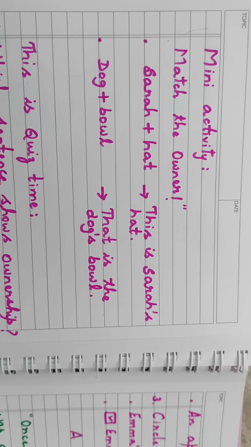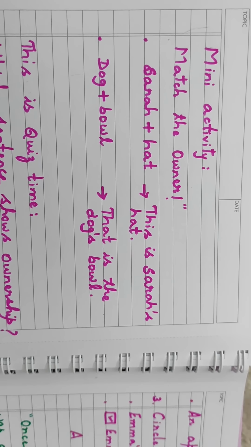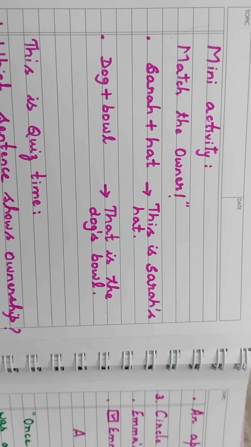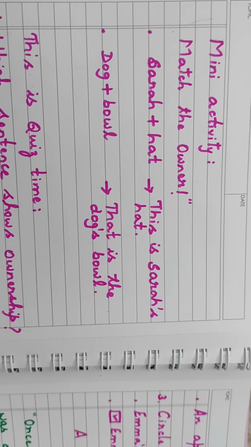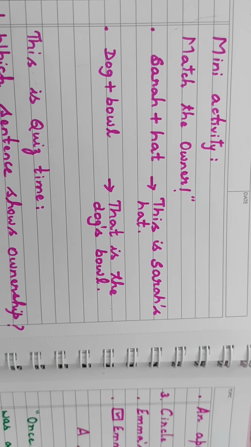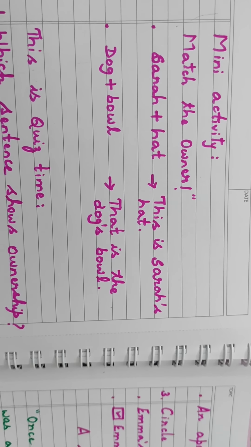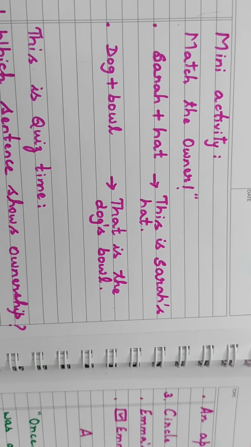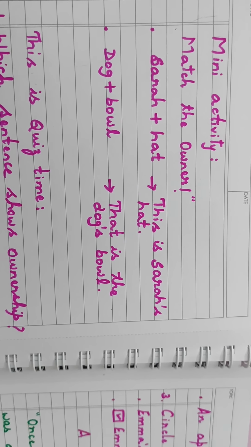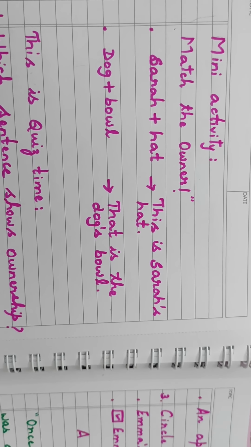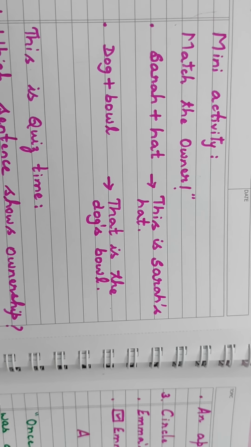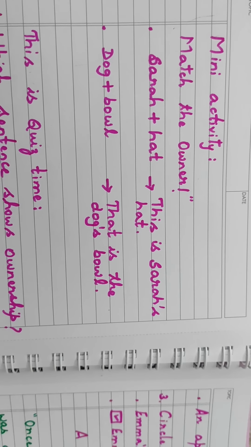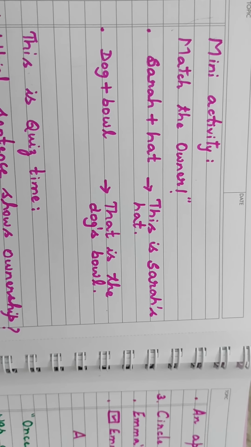So when you match the owner, you just use apostrophe S. Sarah plus hat, this is Sarah's hat. Dog plus bowl, that is the dog's bowl. Here you are clearly mentioning that the hat belongs to Sarah and the bowl belongs to the dog.